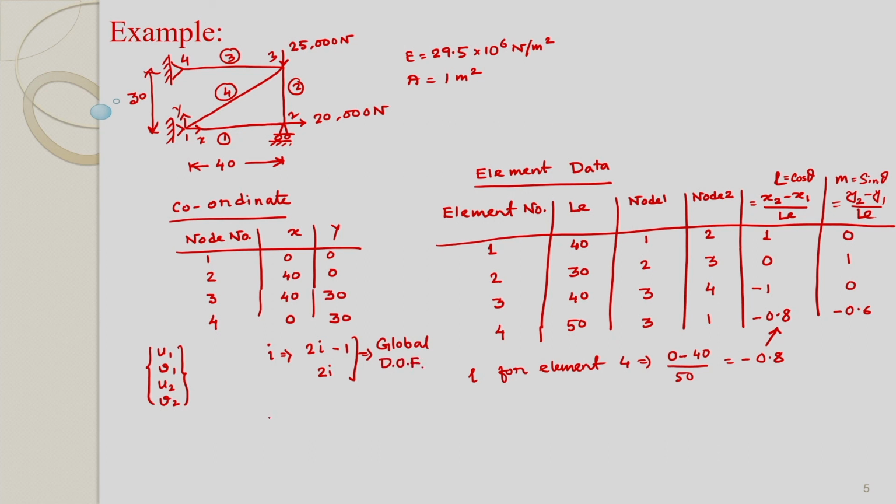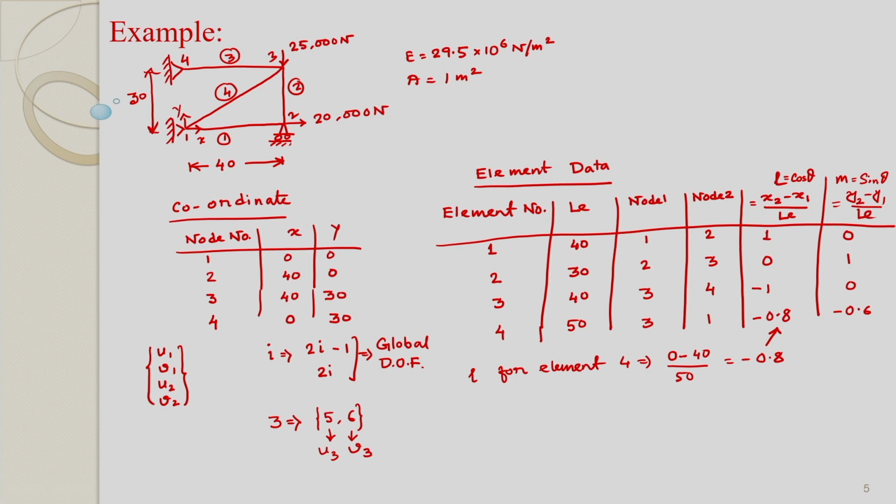That is for node 3, that global dependent variable vector, that fifth and sixth entry corresponding to u3 and v3. These are the global degrees of freedom.